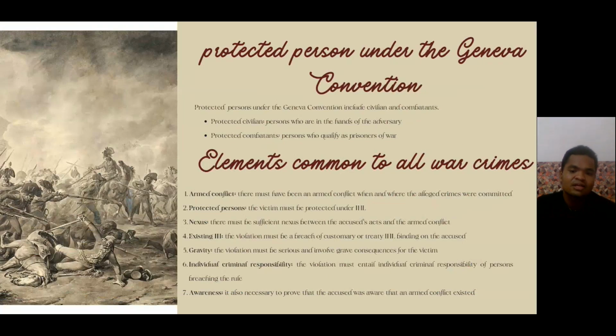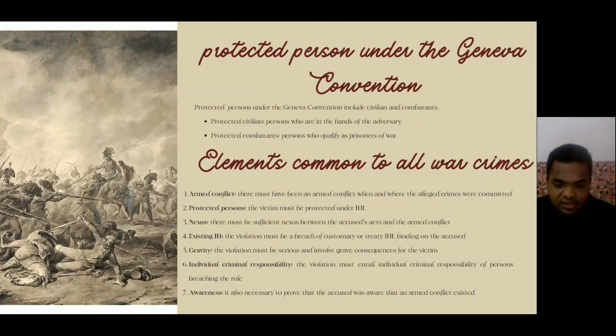Nexus, the link: there must be a sufficient nexus between the accused's acts and the armed conflict. Existing IHL: the violation must be a breach of customary or treaty IHL binding on the accused. Gravity: the violation must be serious and involve grave consequences for the victim. Individual criminal responsibility: the violation must entail individual criminal responsibility of the persons breaching the rules.